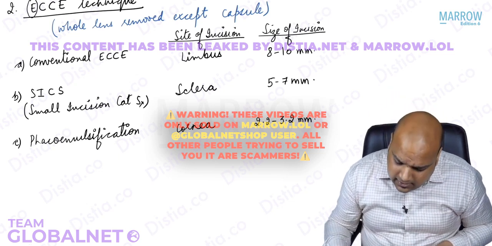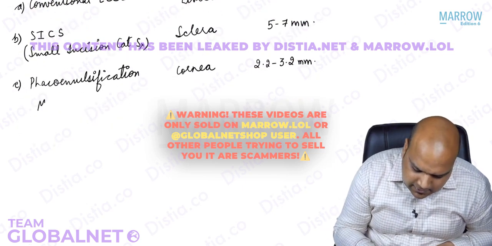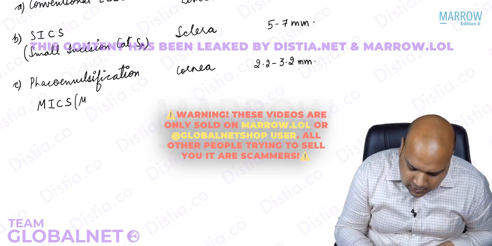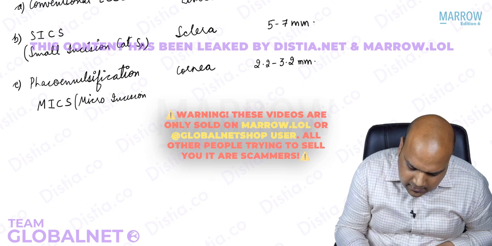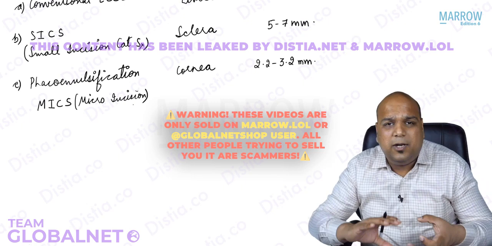Now, a lot of students say that there is a new surgery which is known as MICS, micro incision cataract surgery. But this is not a new surgery. This is not a modification of the technique.